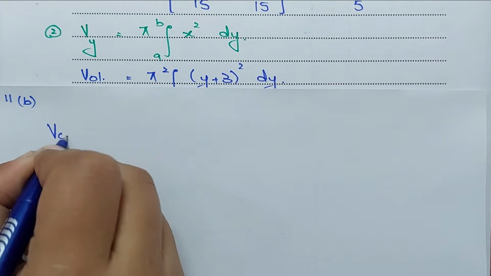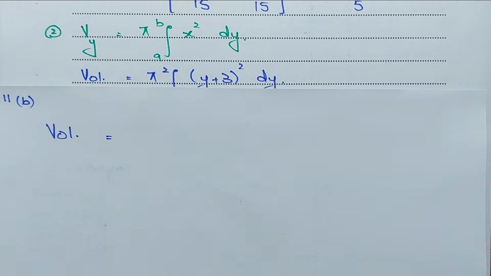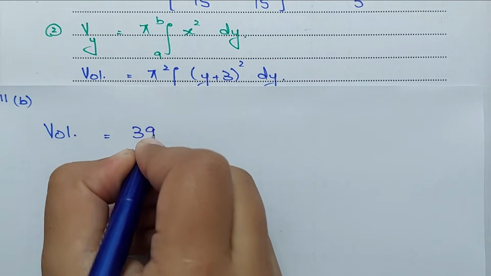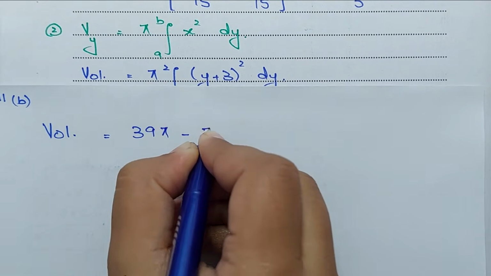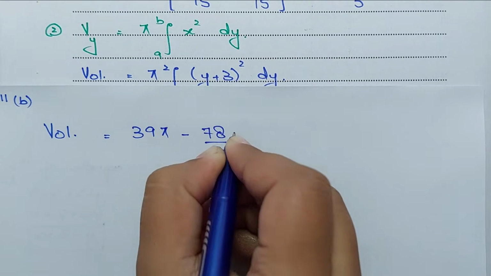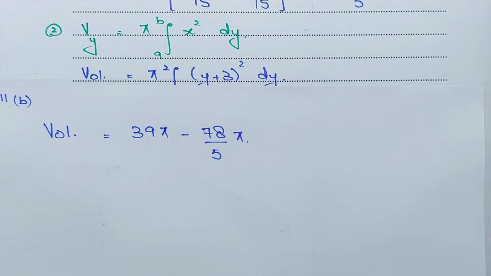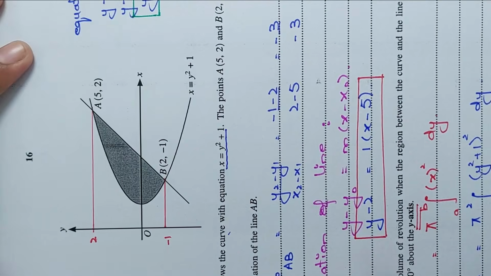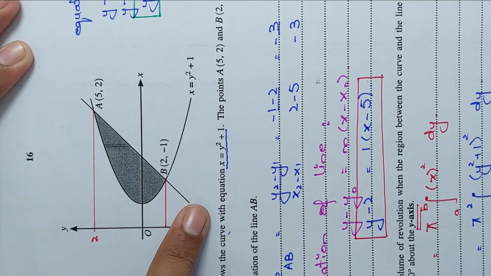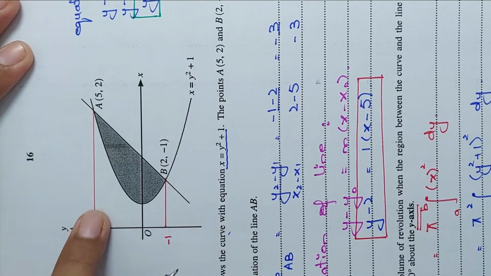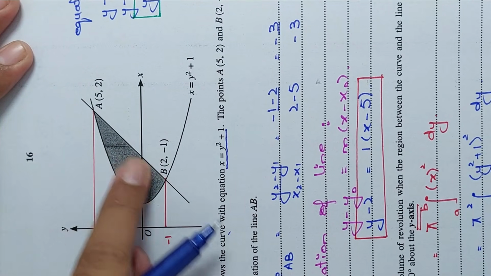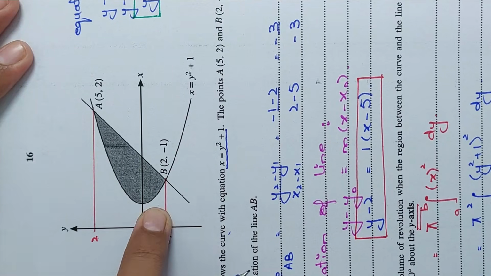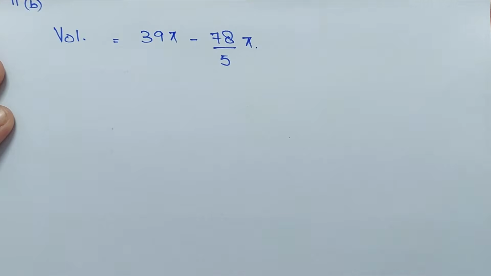The volume under the line is 39 pi and the volume under the curve is 78 over 5 pi, so we need to subtract. Why are we subtracting? Because for the y-axis, the volume under the line, 39 pi, gives the whole volume, but we need the shaded volume. So we need to subtract the volume under the curve to get it.